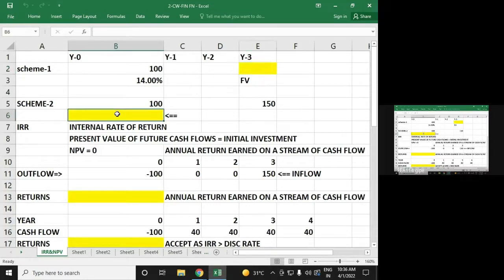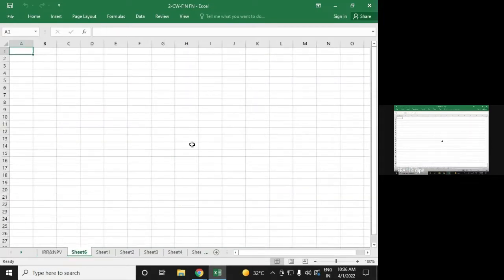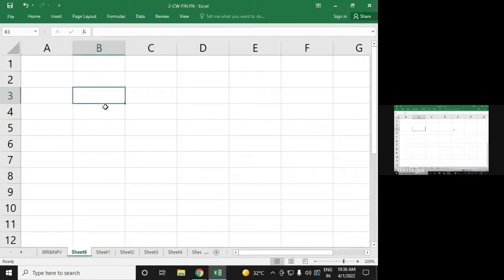Today we will focus on how to find annualized return. For finding annualized return, make use of the IRR, the internal rate of return, the theory that you have studied: the rate at which NPV becomes 0. That rate gives you the annualized return you are earning on a stream of cash flows. Now in Excel, finding IRR is simple. First, for this case, you are investing 100 rupees today, so we will first create a timeline.